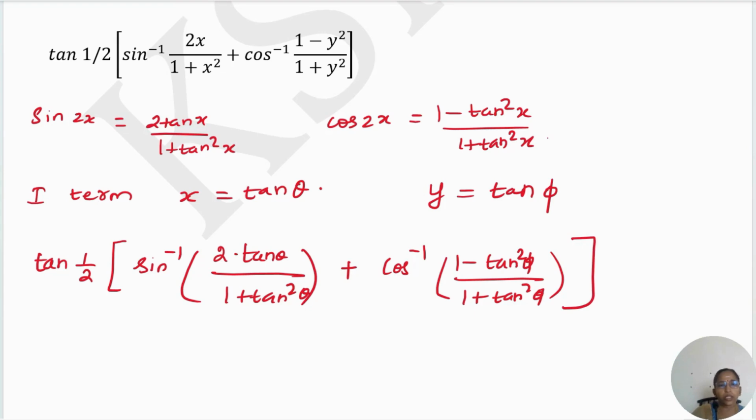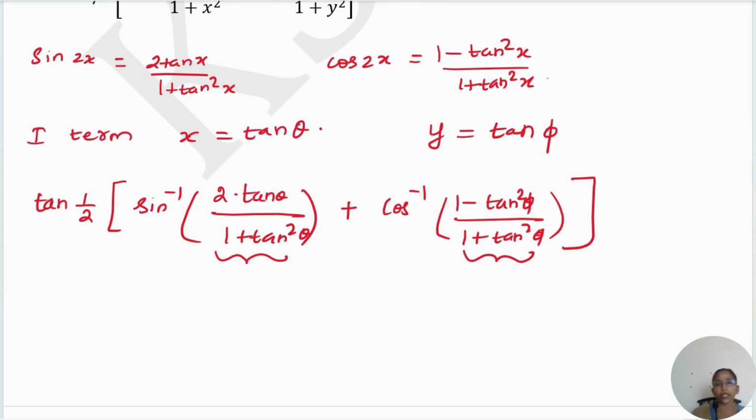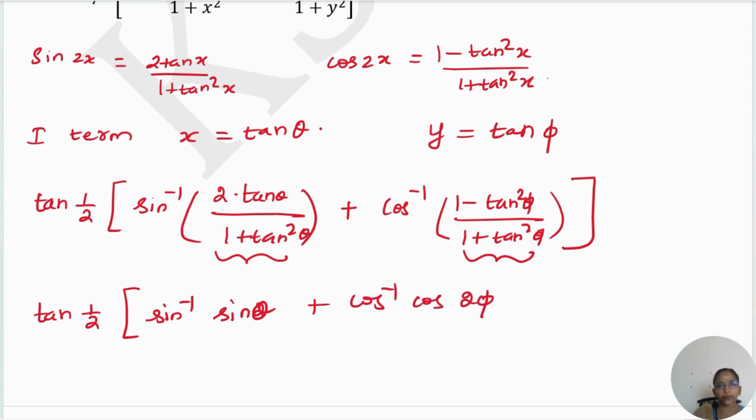Now this is nothing but sine 2 theta and this is nothing but cos 2 theta. And here we are taking phi, so cos 2 phi. So tan of 1 by 2 times sine inverse of sine 2 theta plus cos inverse of cos 2 phi.